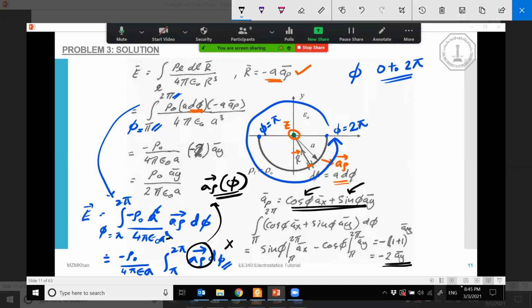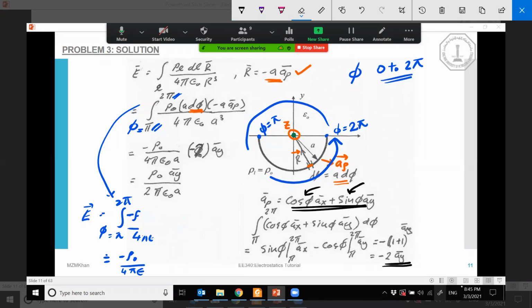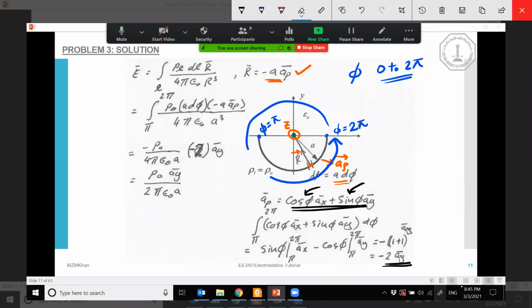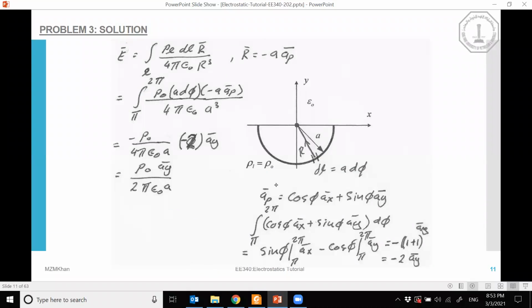So this integration is done here. And as you see, we get minus 2 times a. That's why I am now substituting this complete integration with minus 2 times a. And this is your answer. Okay. So keep this in mind, because it's highly probable that students make mistakes here. So you need to be careful here.